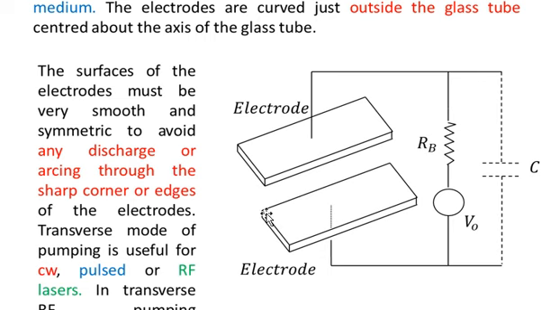So the gas tube is placed in between the two electrodes, and if these two electrodes are curved, they are curved with such a curvature that their focusing point matches the center of the tube.